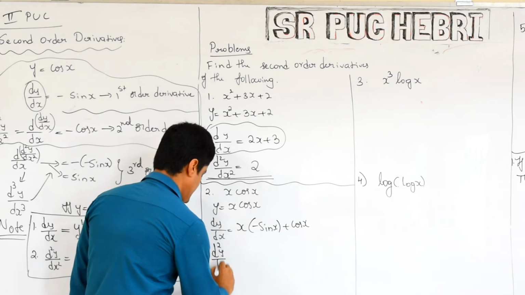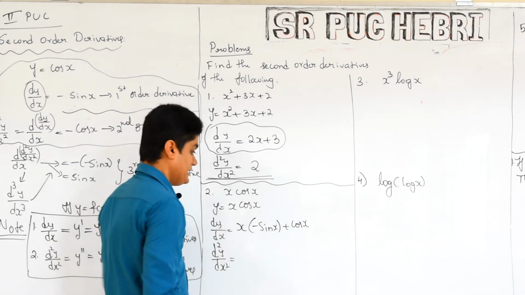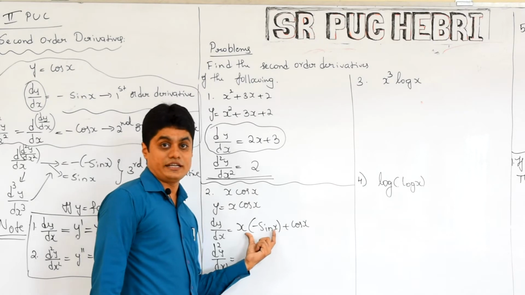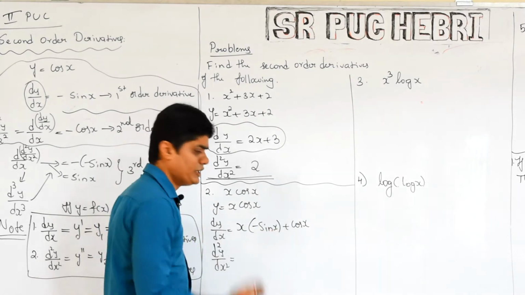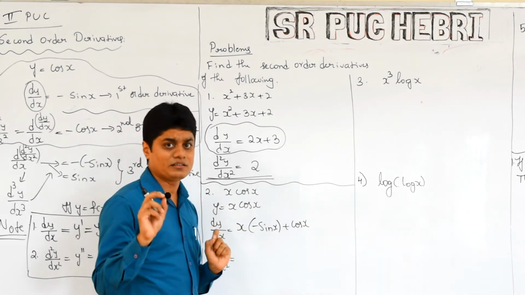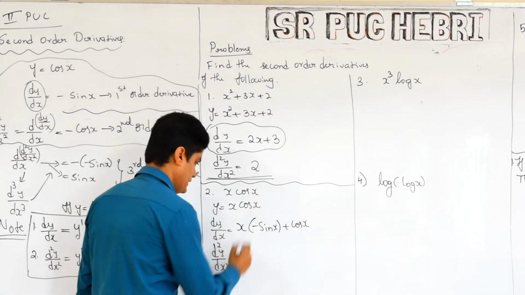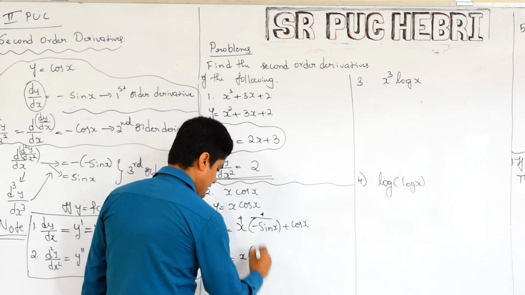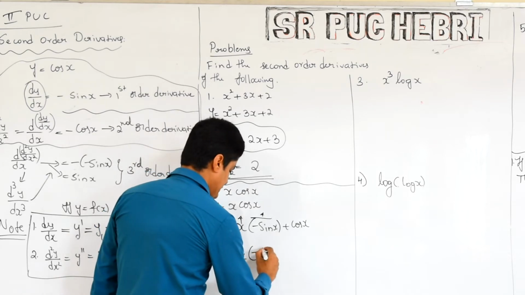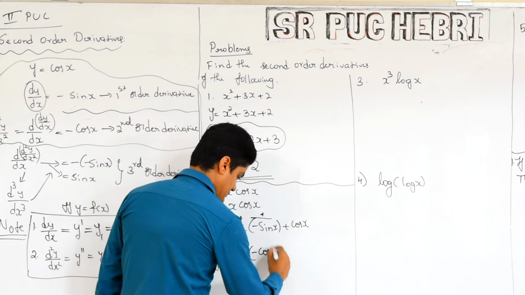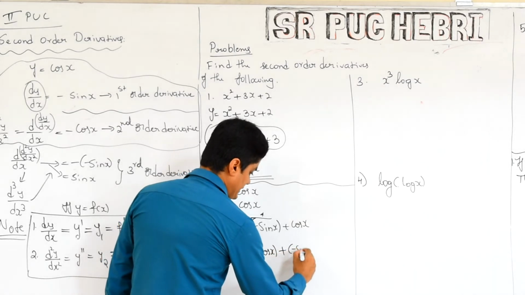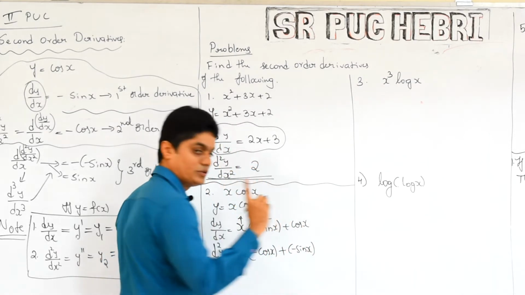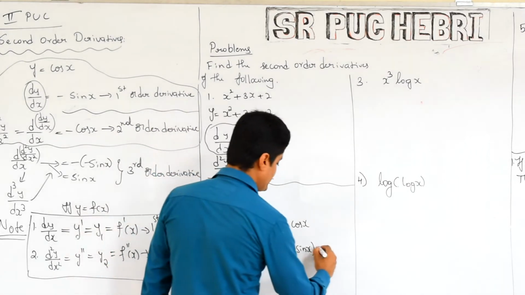Next, second order derivative. Here again product rule. Remember that. Again you are going to use the product rule, so be careful. Usually you will miss this product rule part, so be careful. This is u, this is v now. So x into the differentiation of minus sin x, which is minus cos x, plus minus sin x into the differentiation of x, 1. What is the derivative of cos x?